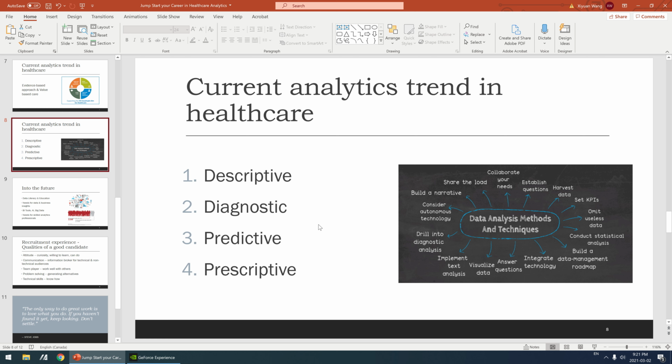This is where a lot of need for analytic professionals will surface in the next 5 to 10 years in the healthcare industry. A lot of this will also require the attention of higher management, the top management in healthcare, to invest in analytics, because all the decisions nowadays are based on data.